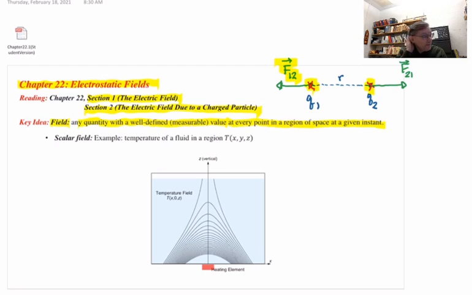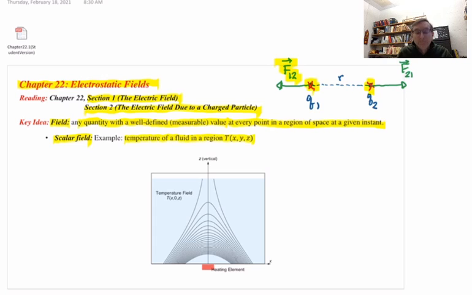Now for us, fields come in two varieties: scalar fields and vector fields. Let's give an example of a scalar field first. Scalars are easier to deal with than vectors, as we know. An example of a scalar field is any region of space where at every point you're measuring a scalar quantity, such as the temperature of a fluid in a certain region.